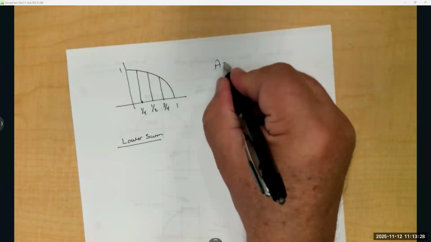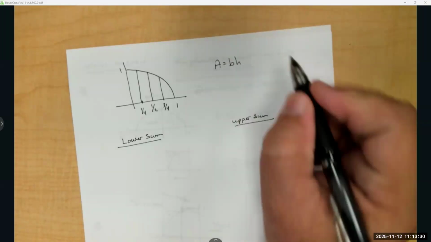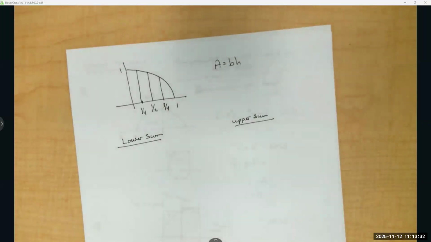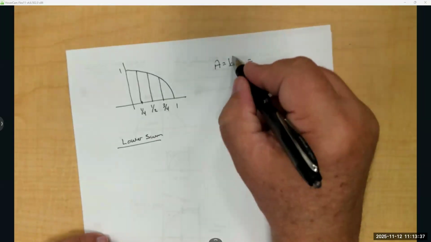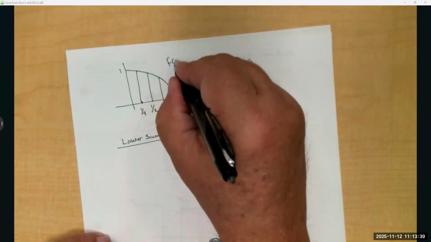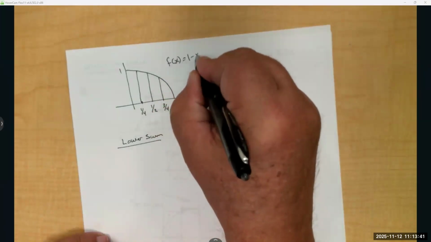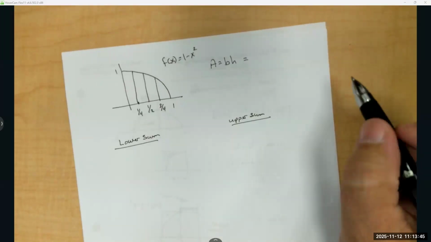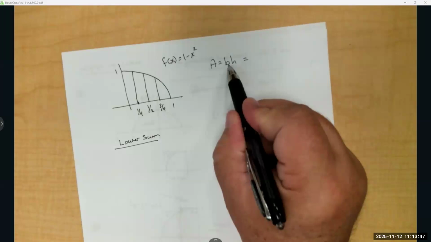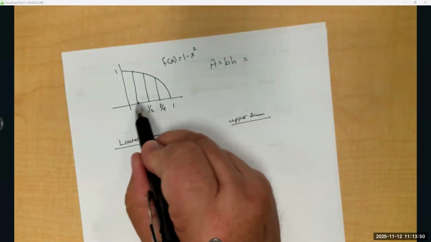Right, the formula is base times height. Base times height, that's a horrible formula for it. Let's do something more mathematical. We use the same function here. It's 1 minus x squared. What exactly is our base? Our base is our width.